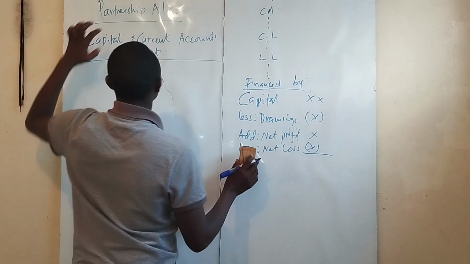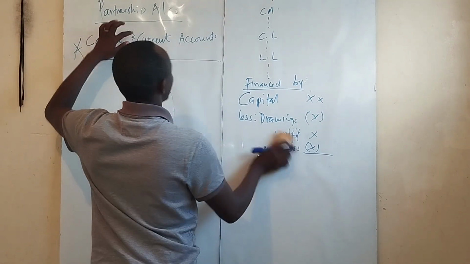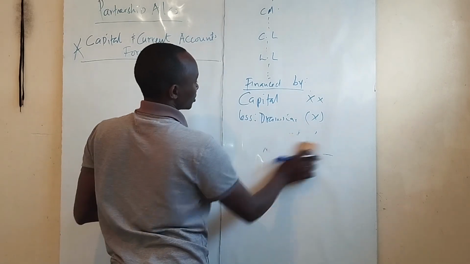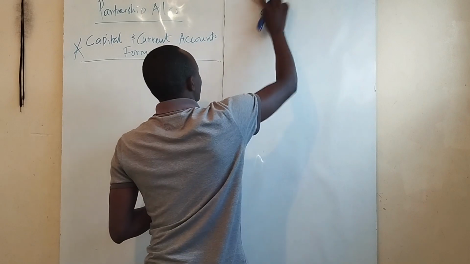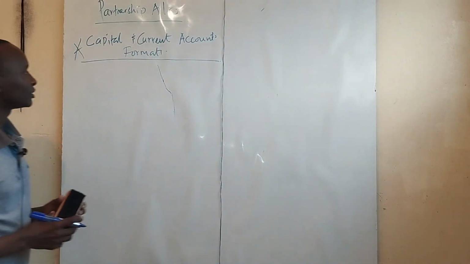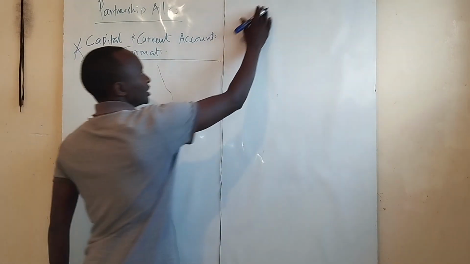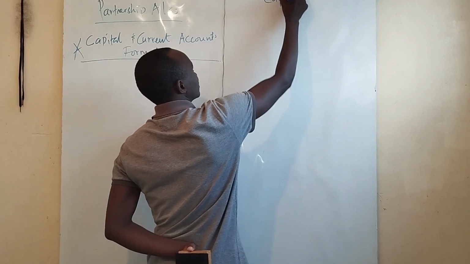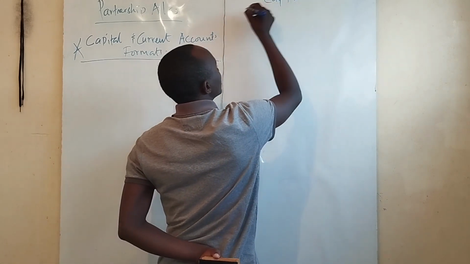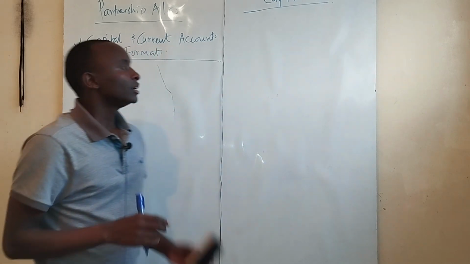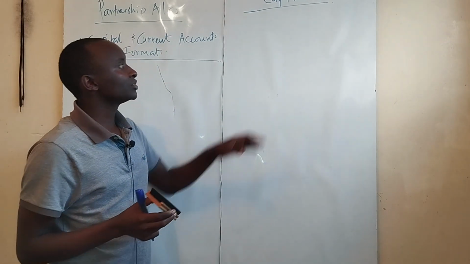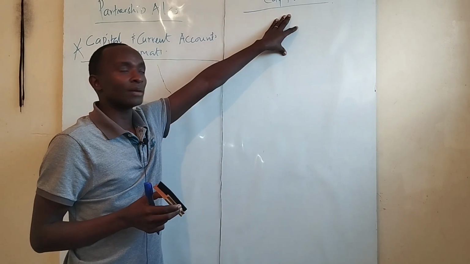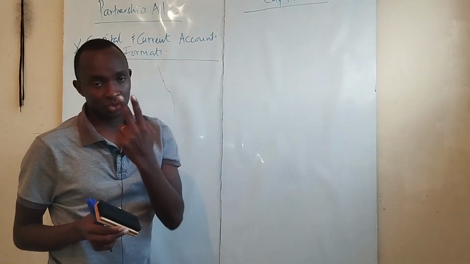So let me go to the capital and current accounts, and this is where I'm talking about the financed by section of the format of the statement of financial position. So let me start with the capital account. In partnership accounts, the capital is normally divided into two.